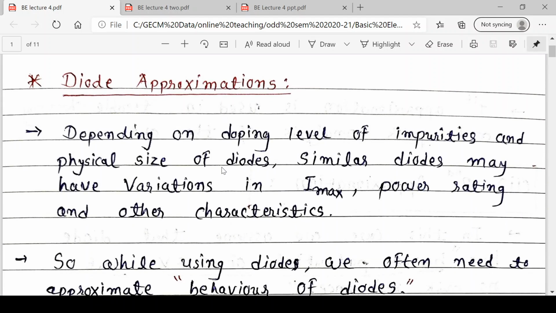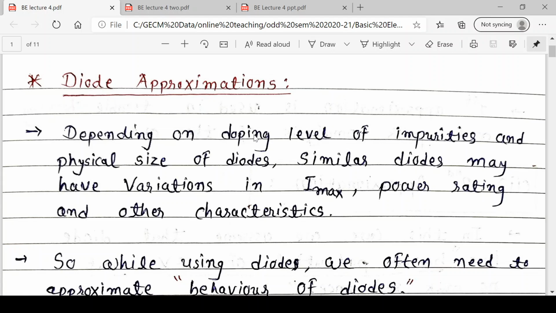So the diode, while being constructed, goes through the process of doping with a level of impurities. When different impurities are added, there might be a possibility that at very high temperature in the vapor form, there is a slight variation in the doping.